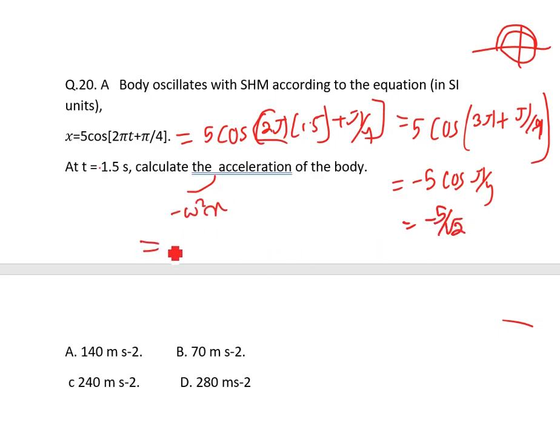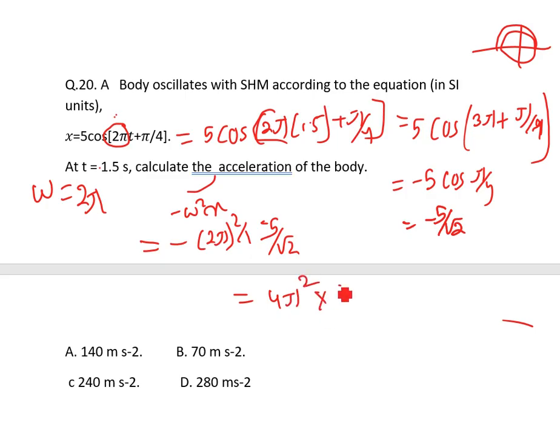Omega is already given. If it is written in the form kx minus ωt, then this one will be ω from the question. From the question, it is written 2π. So I put here minus (2π) whole squared into minus 5 by root 2. Minus minus becomes plus, so 4π² into 5 by root 2.